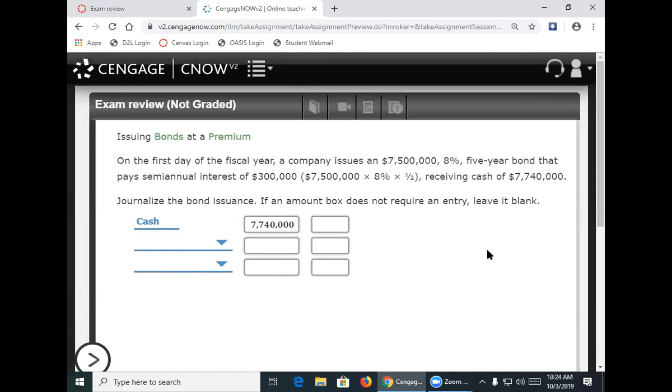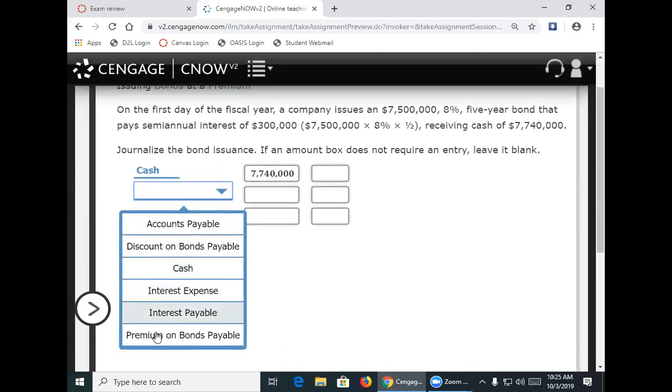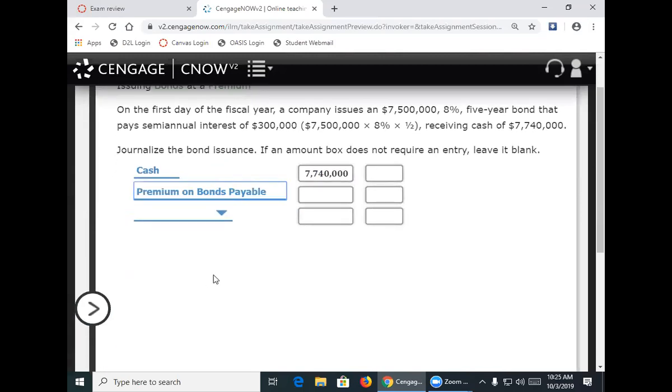And then what else do I do? Then you will credit premium on bonds payable. Good. I'm going to credit premium on bonds payable for how much? The difference between the bonds. Very good. Yeah, the face value and the cash proceeds, right?